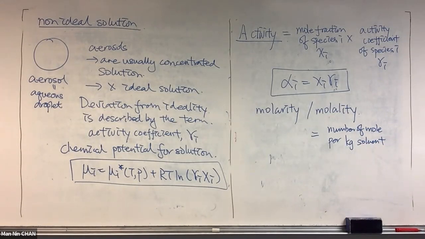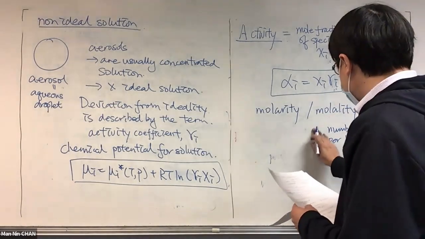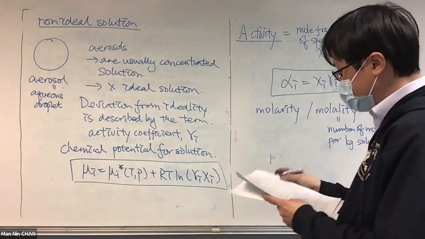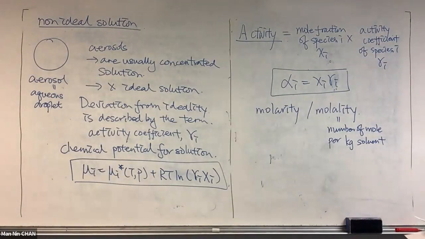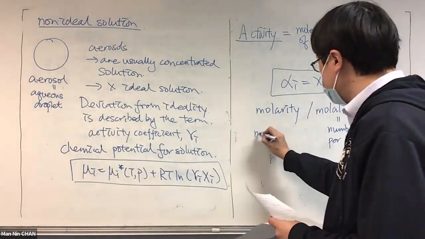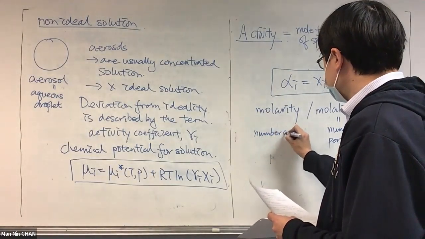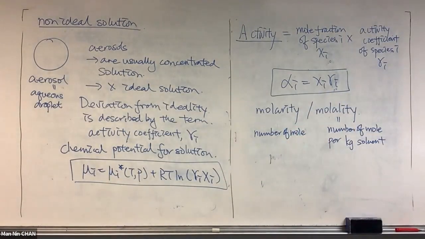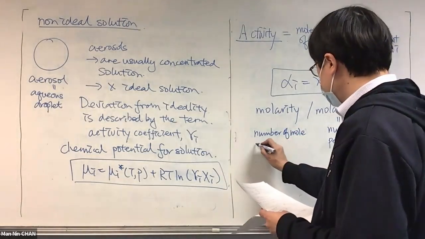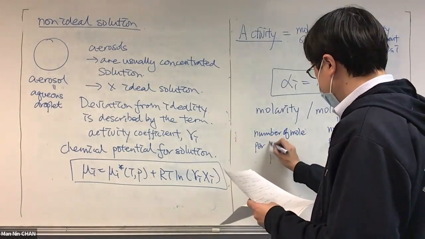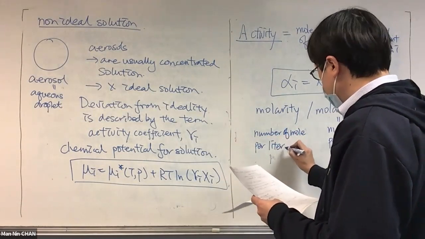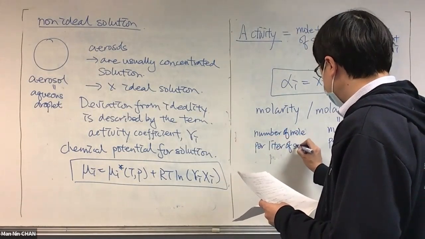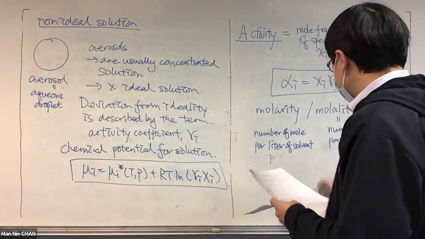But sometimes the molarity is different. So for the molarity, you are looking at the volume, okay? That means you're looking at the number of mole of your species, but now you are looking at the volume of your solvent. So that means now you say it's per liter of your solvent, okay? So you see the difference.